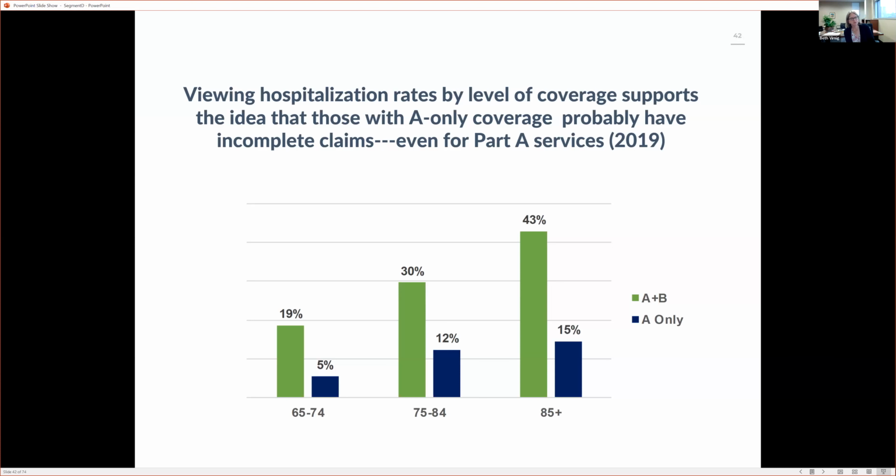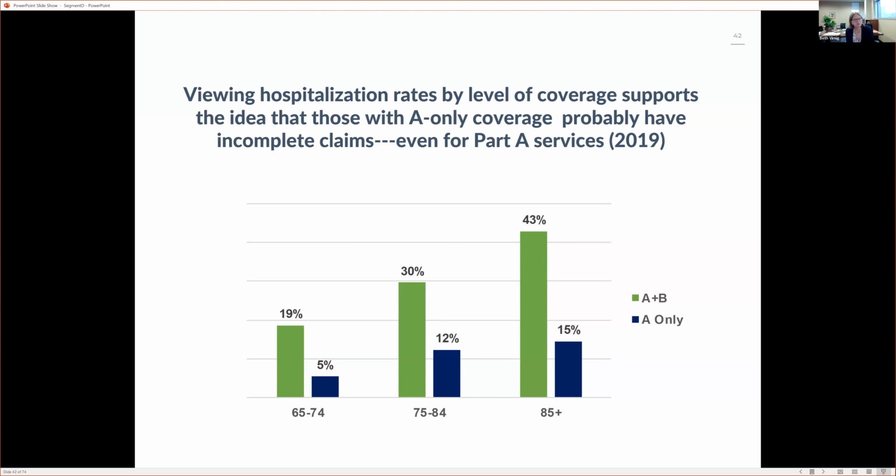The annual hospitalization rate for people with A and B benefits is 30% compared to 12% with people who are A only. So to me, what that says is that people who are A only aren't relying on Medicare for their health care. They've got something else that is a primary payer.